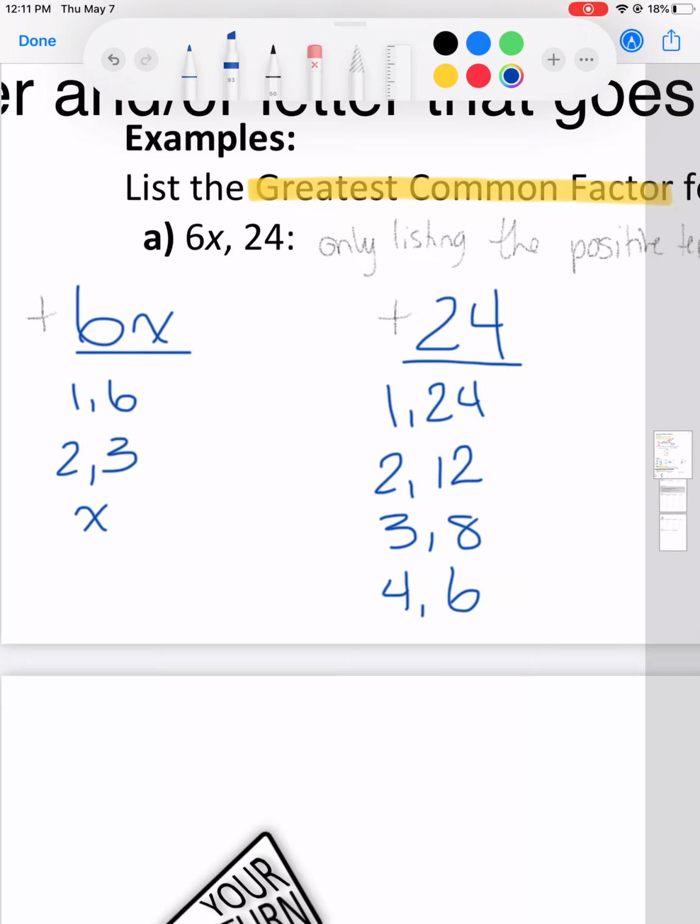So if you said 6, you're right. Remember, it's the biggest one. 3 is there, 2's there, 1's there. They're all the same, but we want the greatest, the biggest number. So what's the greatest common factor for 6x and 24? It is 6.